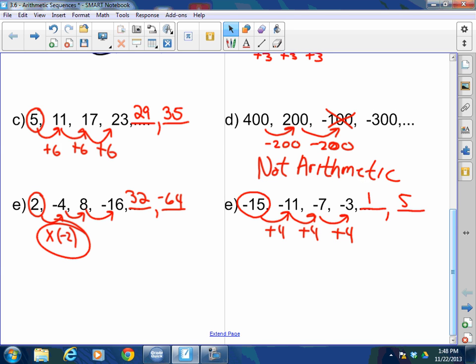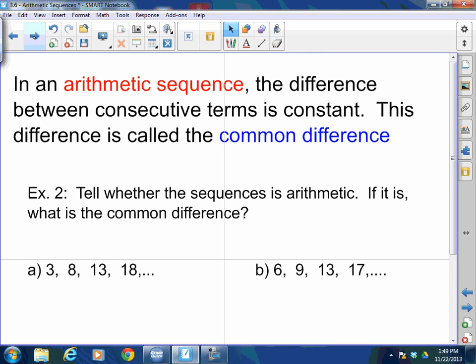Now let's go ahead and formalize it, and then let's learn an equation so that I can show you how to find any term number in any sequence with just a couple of additions and subtractions. In an arithmetic sequence, the difference between consecutive terms is constant because I'm adding the same value over and over.